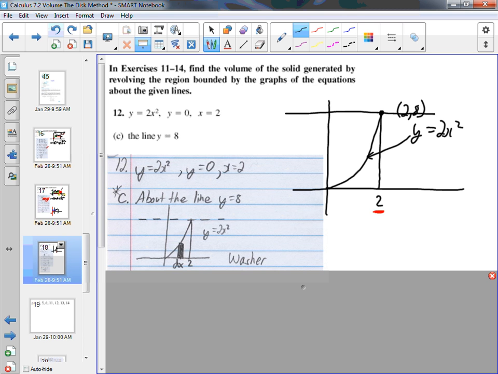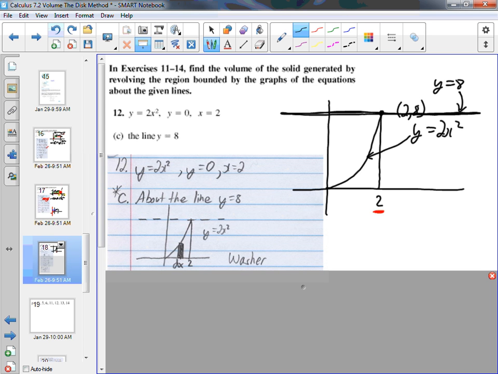Goes here. Yeah, see, I needed to know what that y-coordinate was at the tip of my region because I needed to know where y equals 8 went. Above it, below it, or through it. It goes through it. That's probably good. Okay? Not necessarily, but probably. All right. Everybody with me?